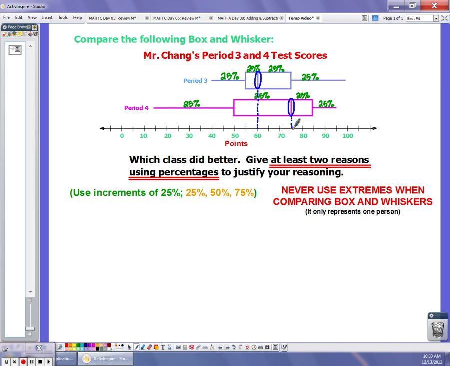In period 3, we have two sections above our median, which means 50% of our class scored above that 60. Whereas in period 4, 50% of period 4 scored above a 75. So what we can say here is that period 4 did better.